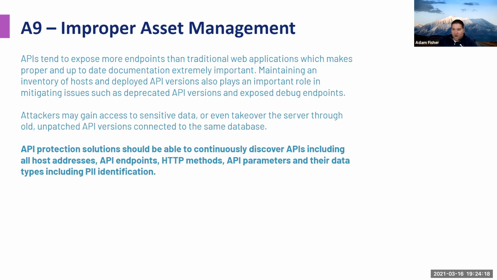But what I will say with GraphQL is, don't assume that your data is still secure. What you really need to do is identify what sensitive data is being accessed by your APIs. We're talking a lot about A9 because this is where it comes in. Not only do you have to know which endpoints you have, but which endpoints are accessing sensitive data.